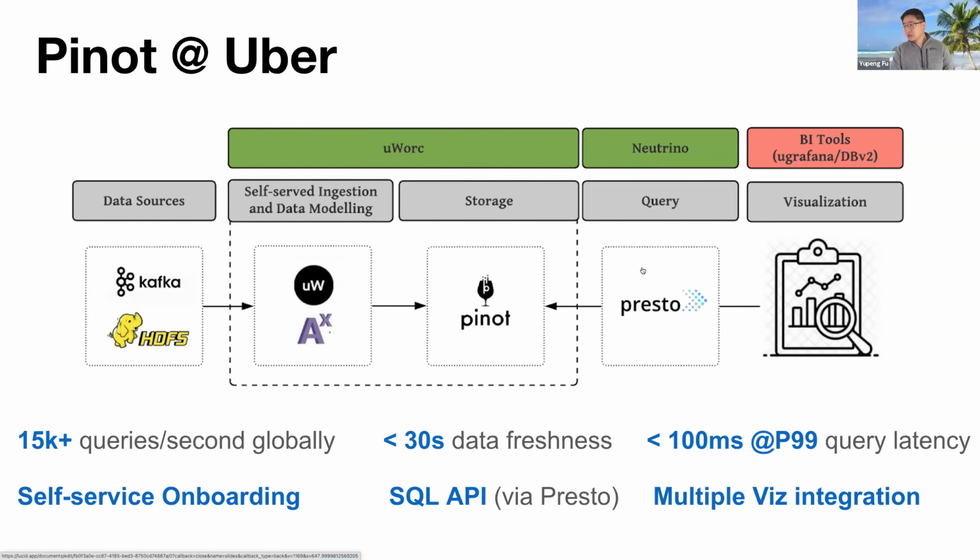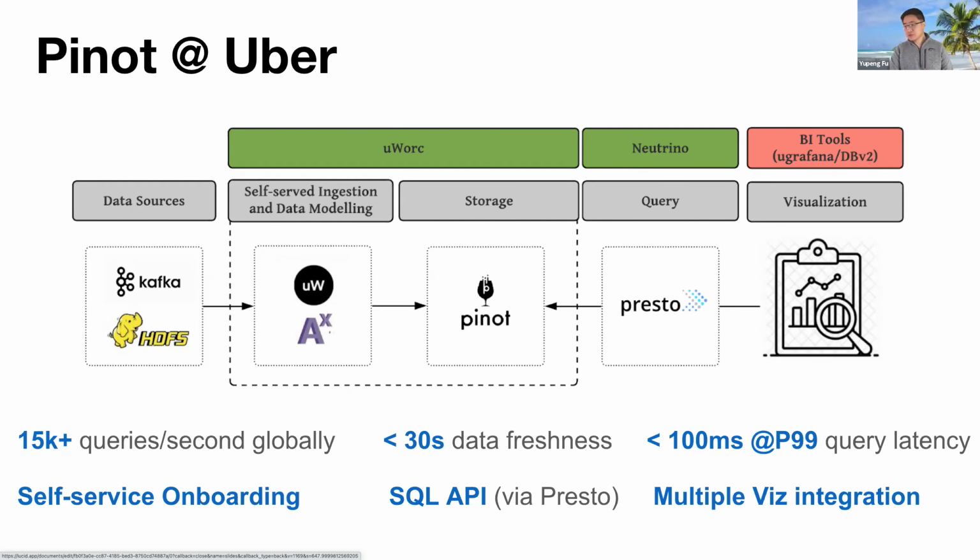Presto is also pretty heavily used inside Uber for query analytics. And we try to use the same query flavor across the different query engines like Presto and Pinot to simplify the user experience. This feature was also contributed by Uber to the Presto community.